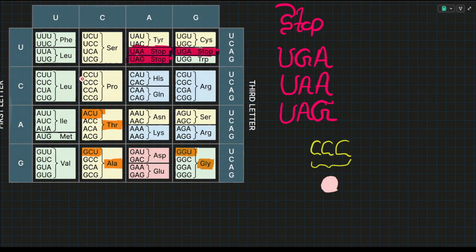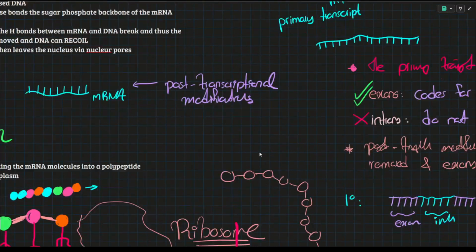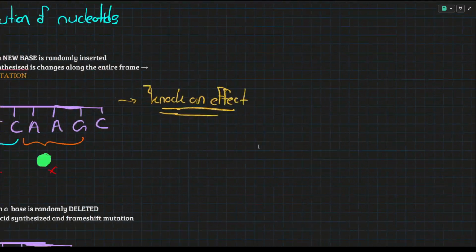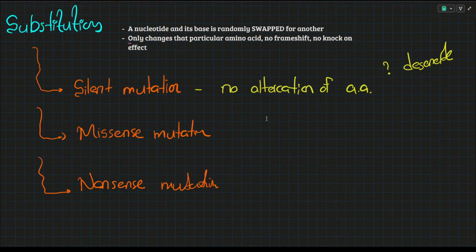Because CCU and CCC all code for proline. That's the degenerate effect of the genetic code coming into play to save the day. No alteration of the amino acid. Polypeptide chain is not altered. Protein synthesis is not altered. That's the beauty of silent mutations.